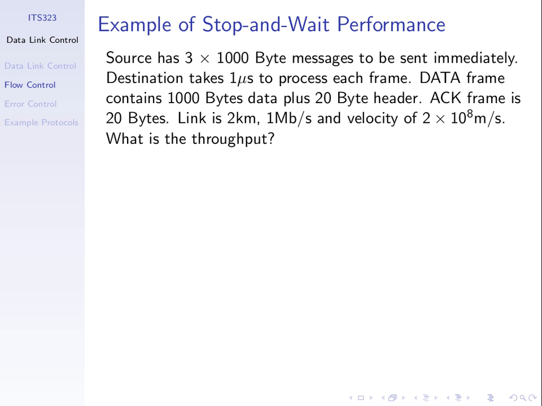How much real data in one data frame? 1,000 bytes. The data frame contains a header, which is some overhead, plus the 1,000 bytes of real data. So one data frame contains 1,000 bytes of real data, and we're receiving 1,000 bytes of real data every 8341 microseconds.